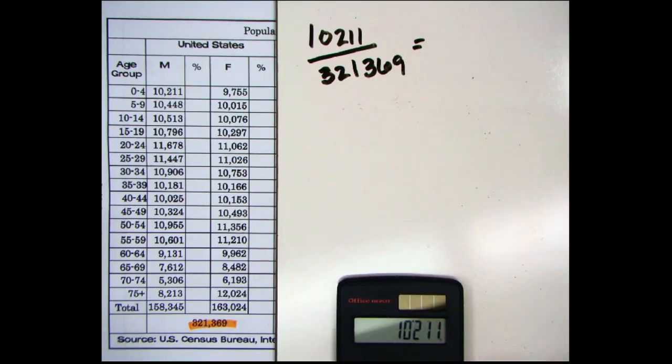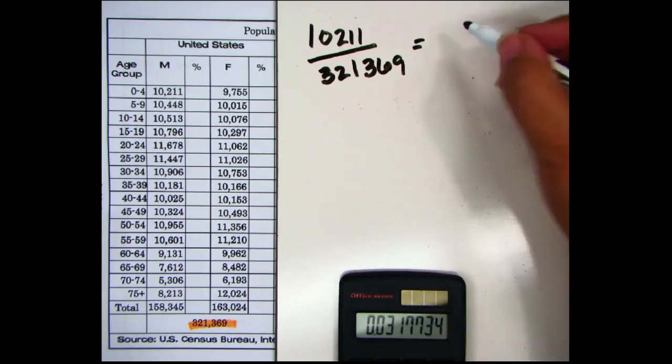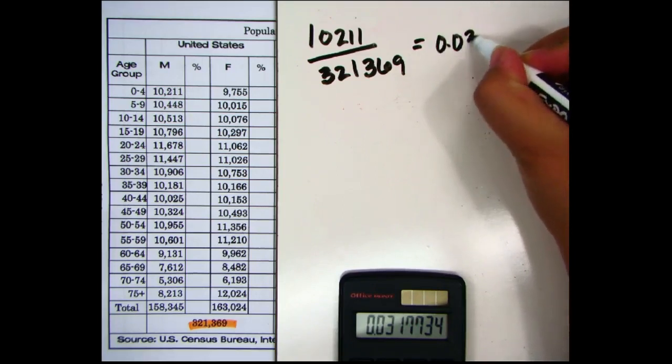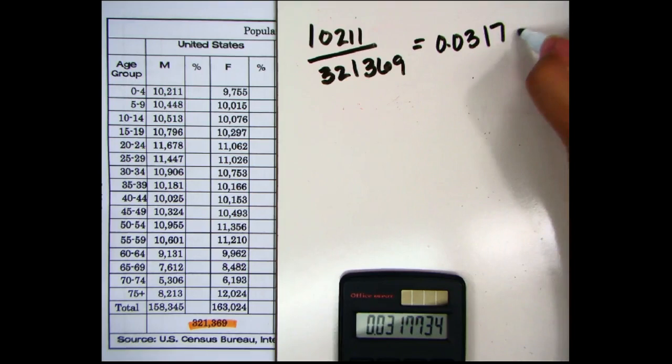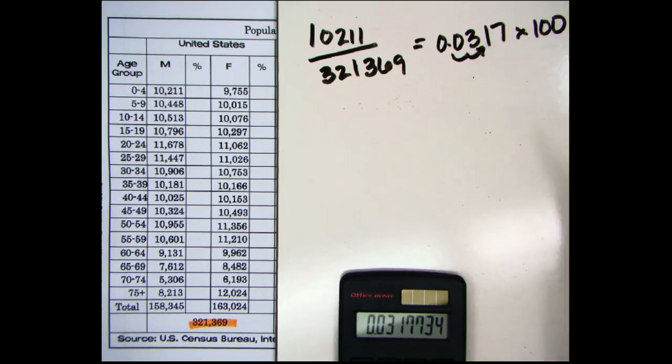So putting the smaller number first, dividing by the bigger number. That's going to give me a decimal, but I don't want that. I need to remember to take my answer, which in this case, I'll just write it out for you, is 317. I need to multiply that by 100, and that's going to move the decimal over 2 places to the right. So multiply by 100.